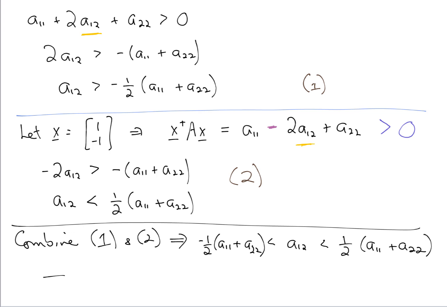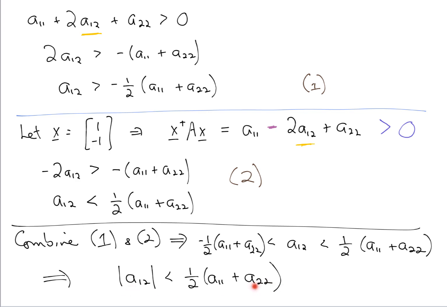This tells us that the absolute value of A12 is less than the average of A11 and A22. And we will see this generalized in a moment in a theorem.